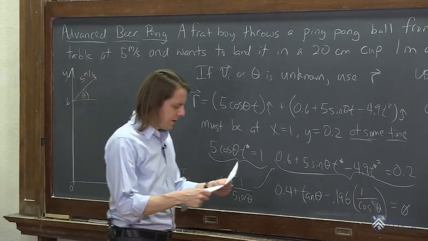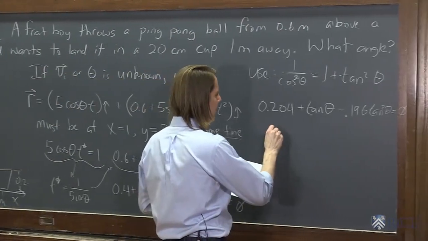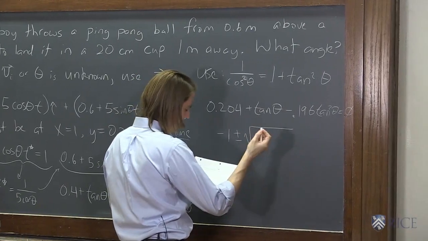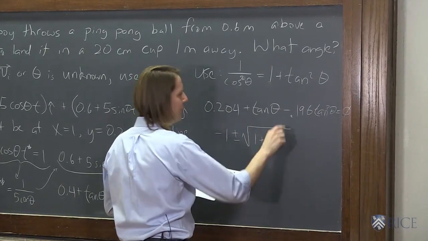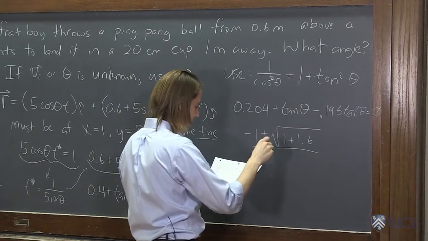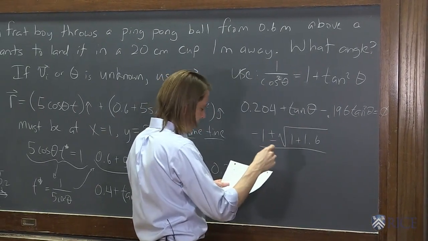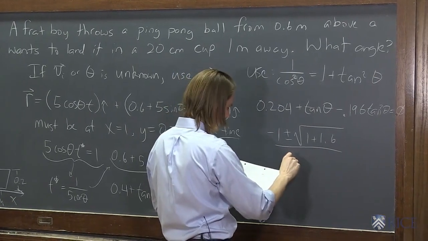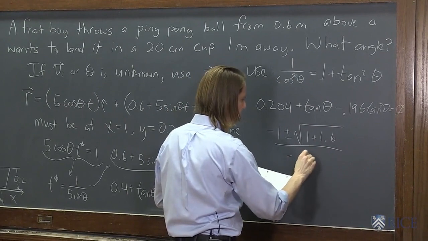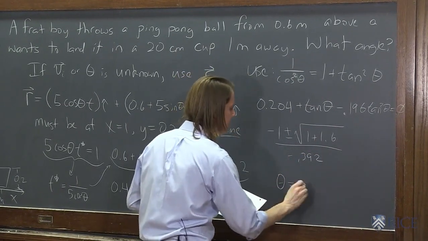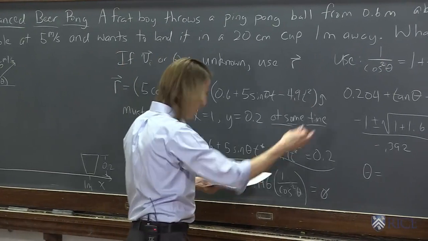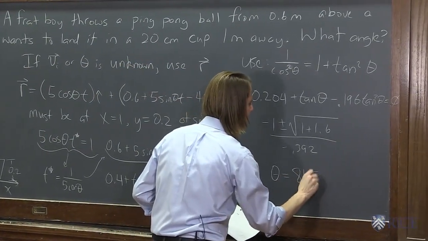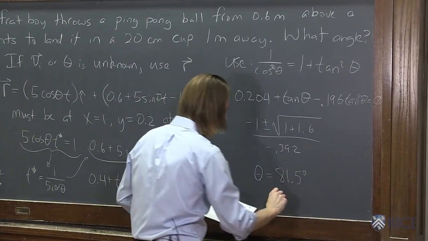And what you'll get if you do that, I could write it minus 1 plus or minus the square root of b squared, 1 plus 1.6, minus 2ab over 2a, whatever it is, over 2a is minus 3.392. What you're going to get is that theta, of course, has two values, right? There's a plus or minus in here, so you get that theta equals either 81.5 degrees or it equals negative 57 degrees.